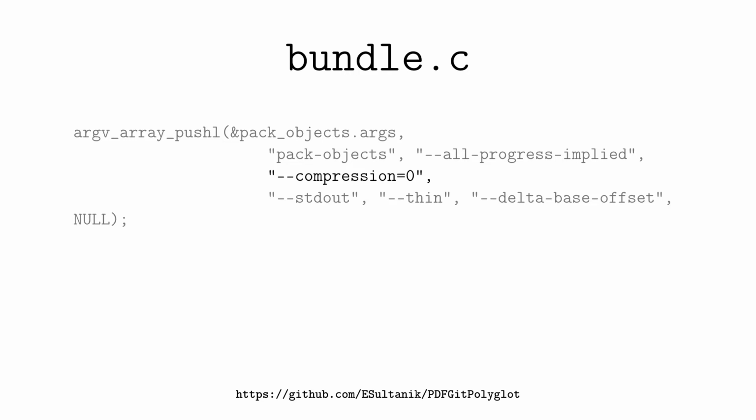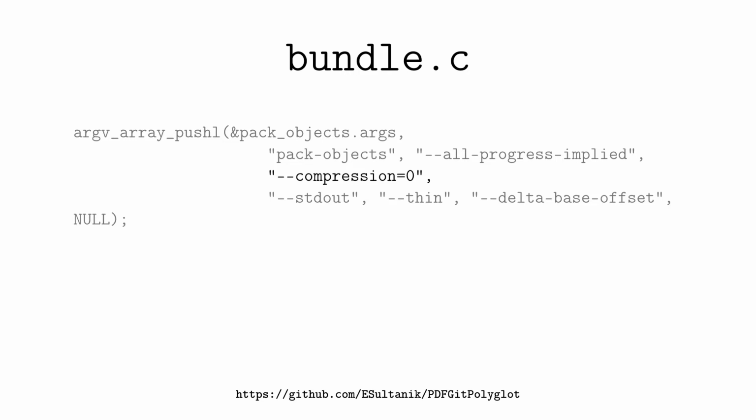So you've probably never heard of that command, but that's also the command that's used to update the database whenever you do a pull or a push. So all you need to do is add a command line argument to the pack-objects command to tell it not to compress anything, and you'll get a bundle that has the PDF in an uncompressed state, and it will be a valid PDF.